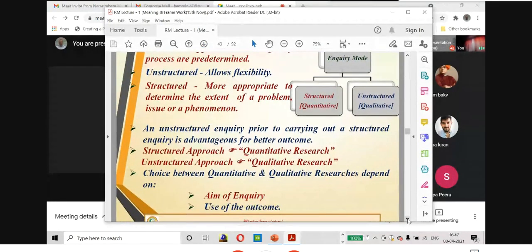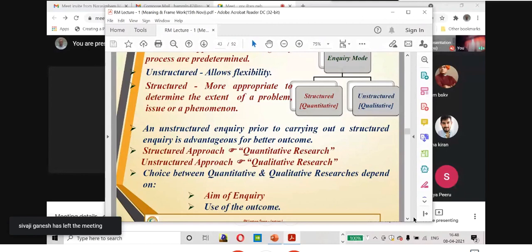The choice between quantitative or qualitative depends upon the aim of inquiry and the use of the outcome. If your outcome is to be applied and used for a larger interest of the industry, then it should be quantitative. Or if your aim is only to describe or provide certain information, it can be qualitative.